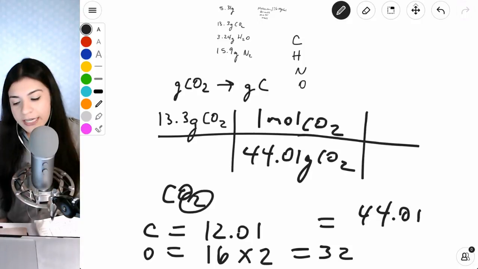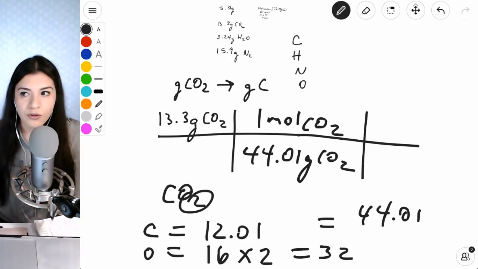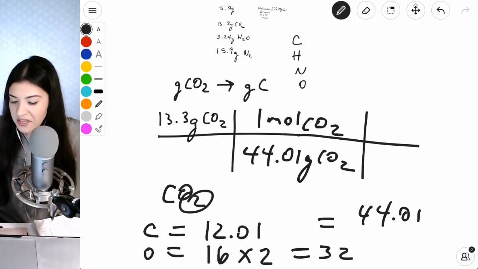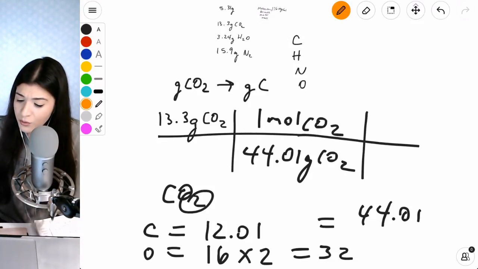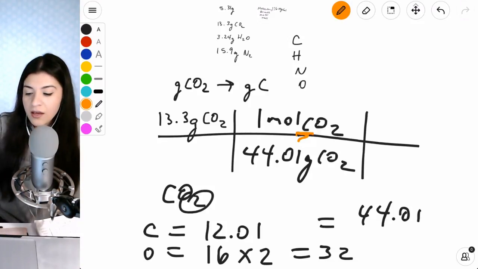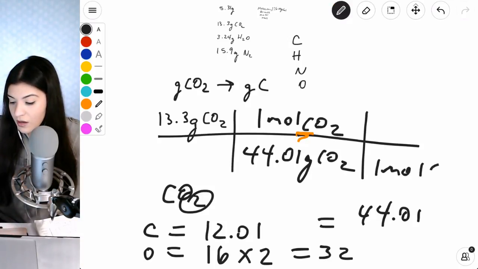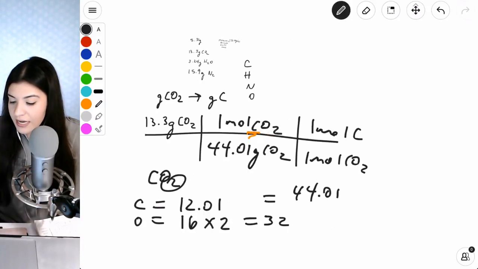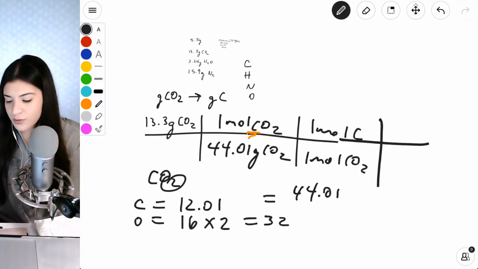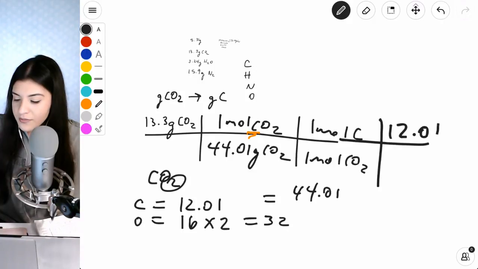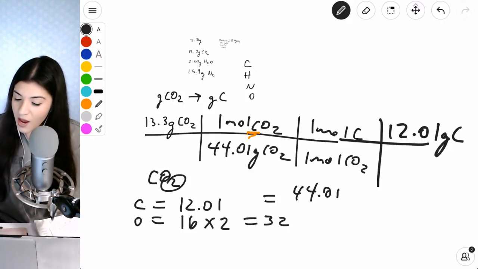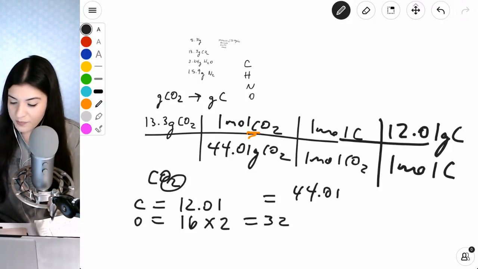Now I'm going to do a mole to mole ratio to give us the moles of just carbon. Everything is 1 to 1, because there's only 1 carbon within CO2. So I'll put 1 mole of CO2 and 1 mole of carbon on top. Lastly, all I have to do here is use the molar mass of carbon, which we said was 12.01 grams of carbon. That goes on top, and 1 mole of carbon on the bottom.